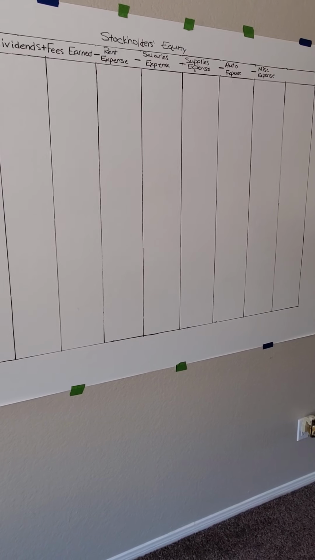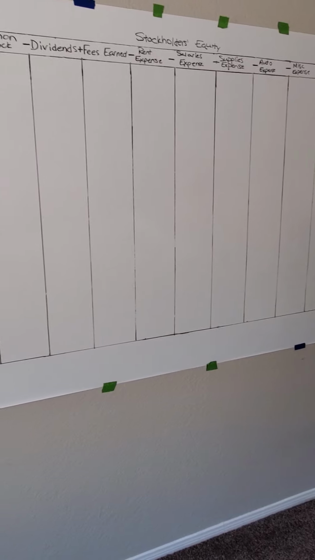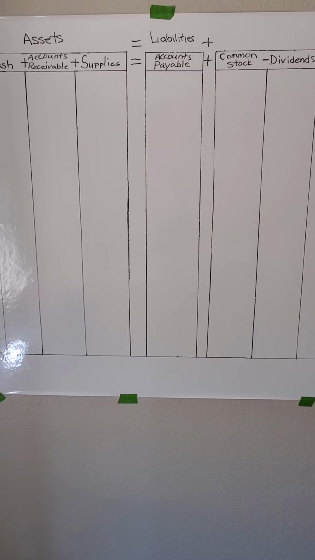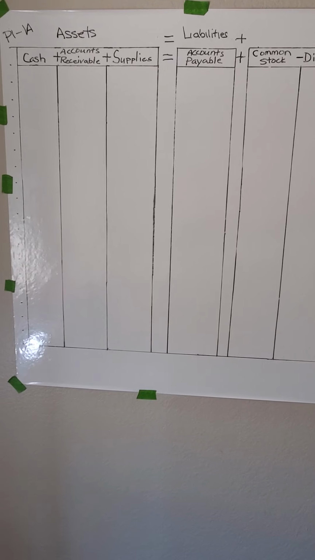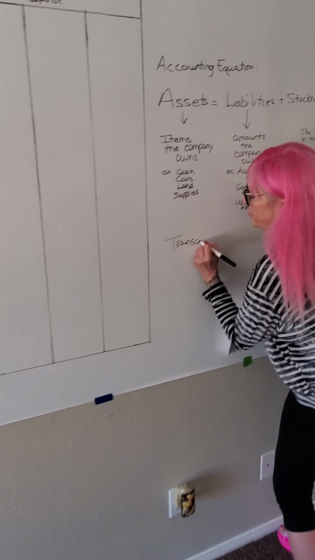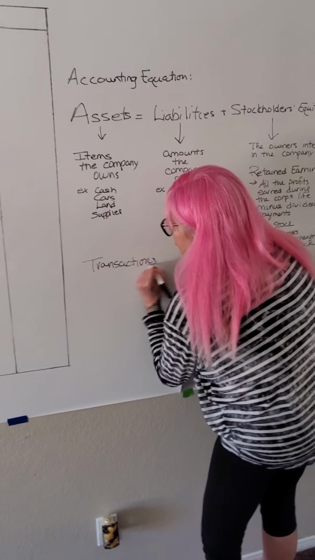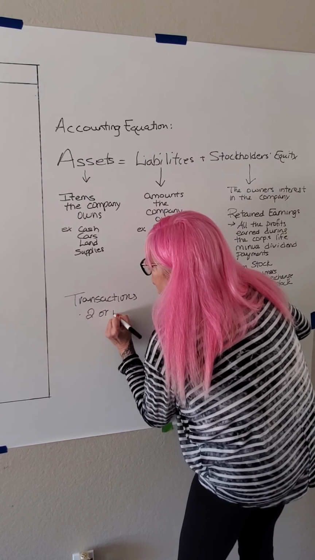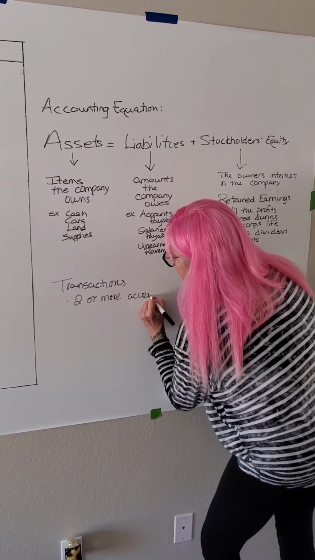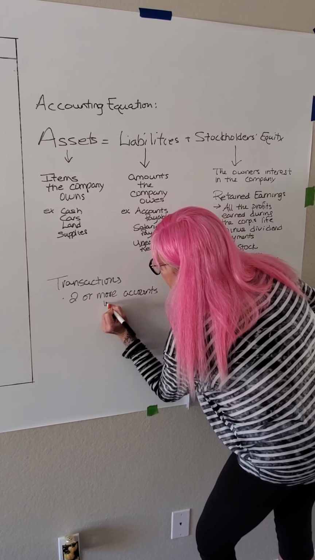The other thing is we're going to be doing transaction analysis. So as I go through each of the transactions, I'll talk through them, but it's important to remember that transactions always have 2 parts, 2 or more accounts impacted.